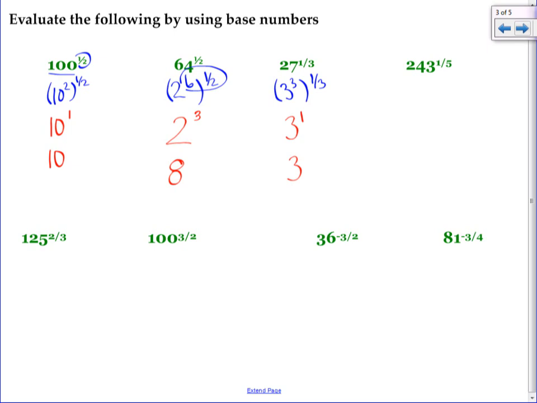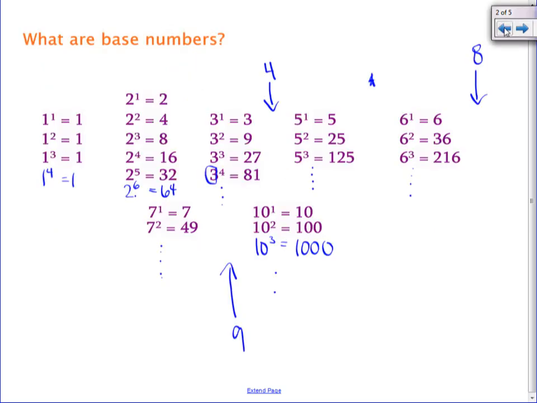243. Is that on our list? Which one would you guess it would fall under that we could try? Somebody have their calculator out? Okay, so somebody check the 3s, keep going up, and then somebody check the 7s. See if you can find it.